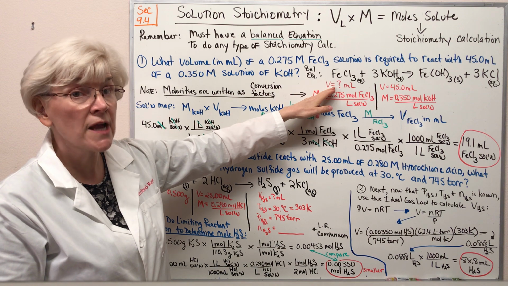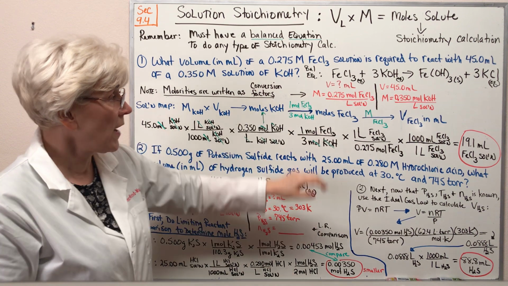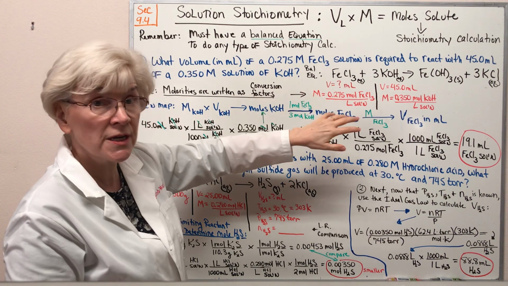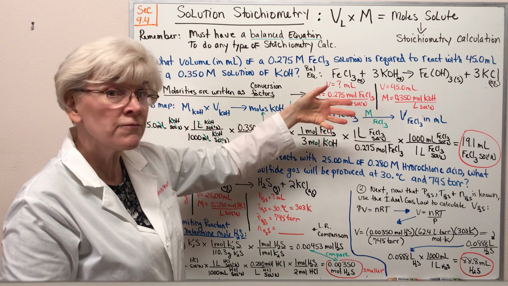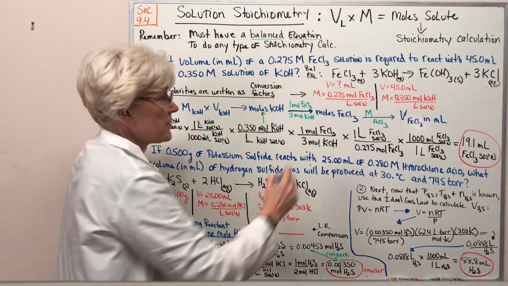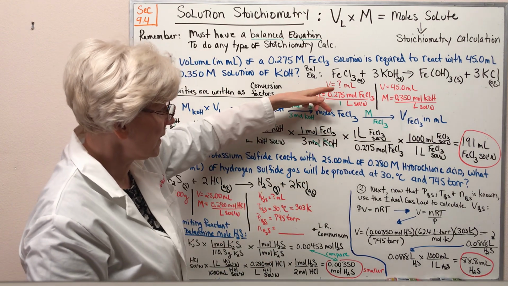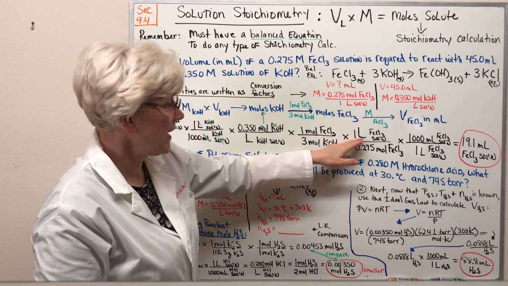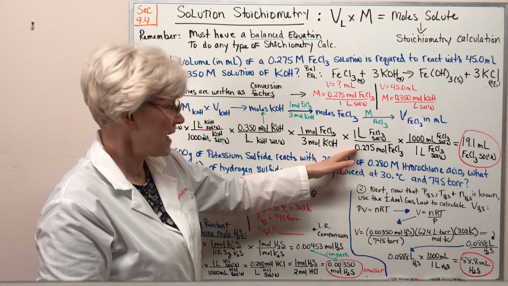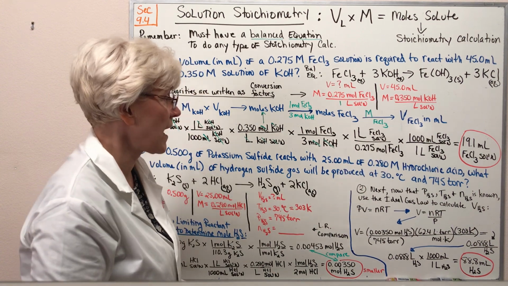The iron(III) chloride is dissolved in water to make a solution. So I am going to take the molarity of the iron(III) chloride solution and use it in its inverted form as a conversion factor. There's an understood 1 liter in the denominator, so flipping this molarity, I have 1 liter of iron(III) chloride solution containing 0.275 moles of iron(III) chloride.